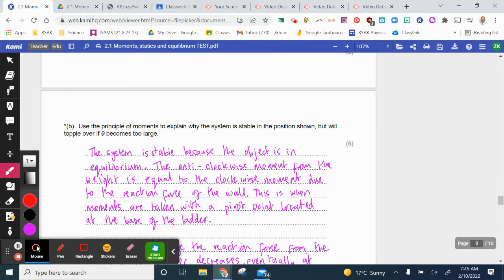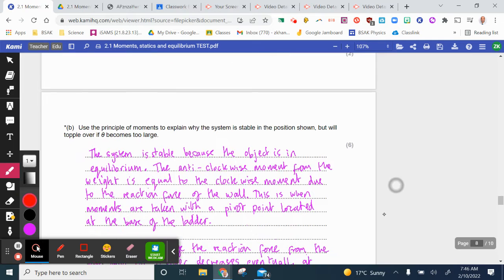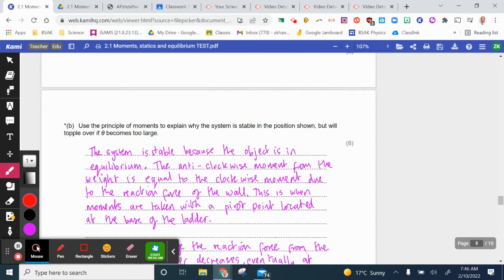This is when the moments are taken with a pivot point located at the base of the ladder. What you need to do is identify where you are taking the moments from, not just say clockwise moment equals anti-clockwise moment. Here we needed to talk about what is meant by stability. We are talking about the principle of moments, including what is causing the clockwise and anti-clockwise moments respectively, and identifying where the pivot is.